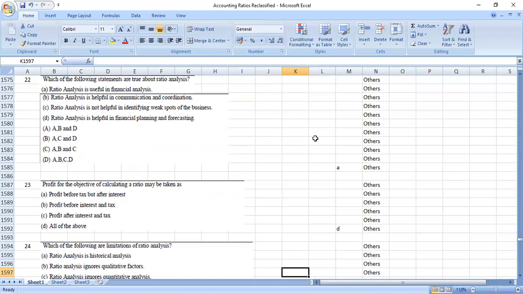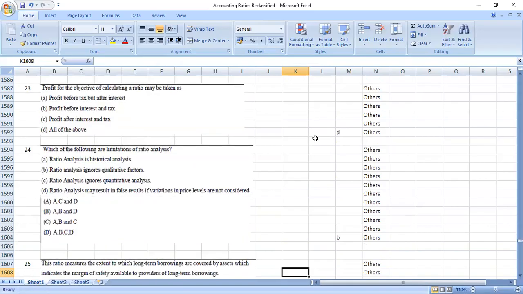D is correct. So A, B, D. Answer is A. 23rd question. Profit for the objective of calculating a ratio may be taken as... all of the above. In different ratios, you use different profits. All of the above, my dear children. Which of the following limitations of ratio analysis are limitations?